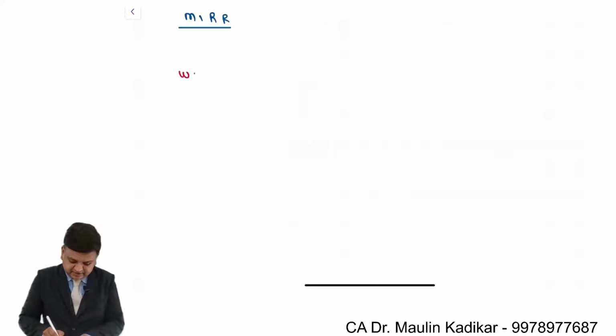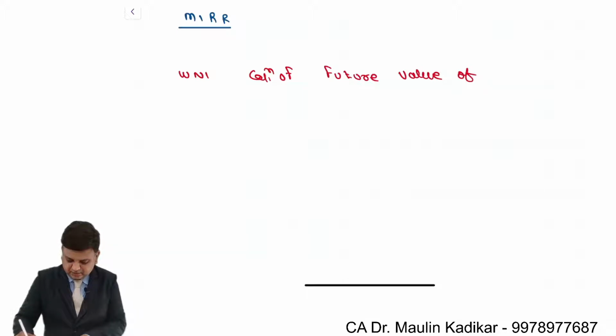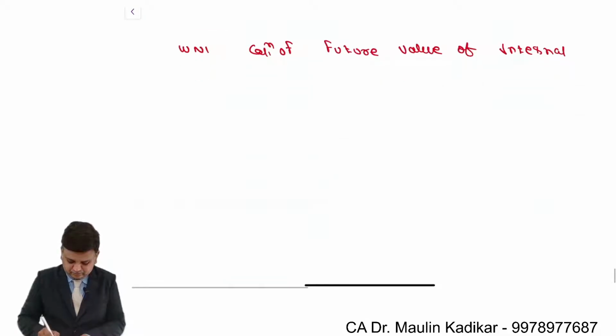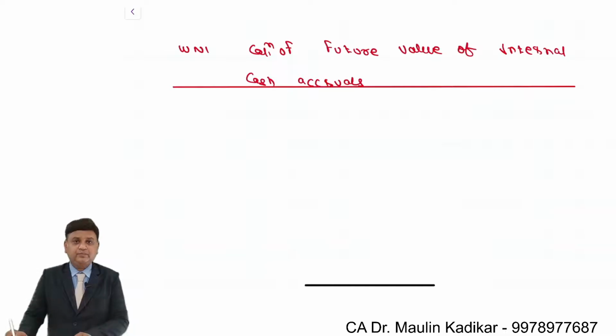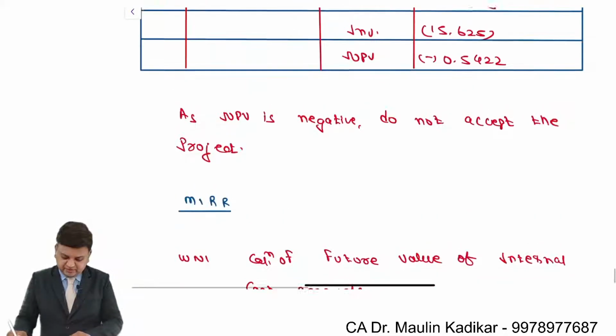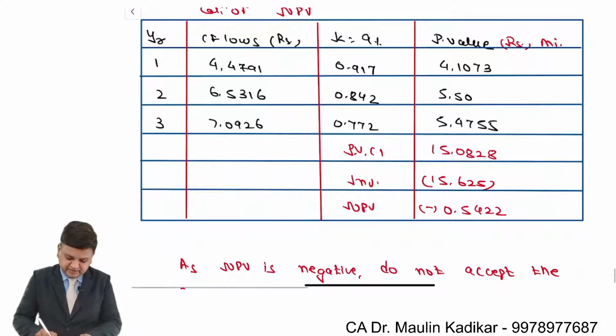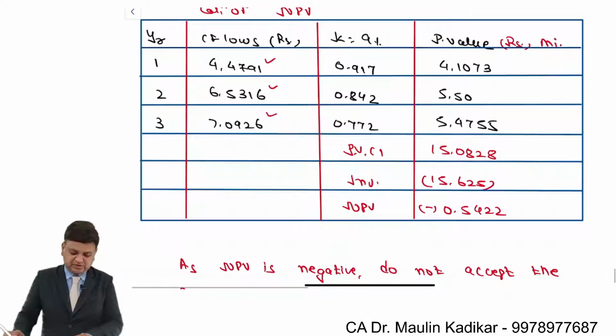So working note number 1, calculation of future value of internal cash accruals. That is what we can do. So over here friends, as per the calculation that we have made, these are the internal cash accruals.